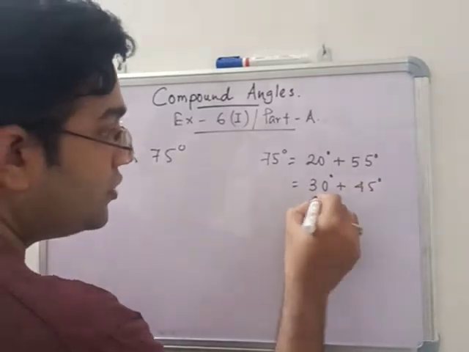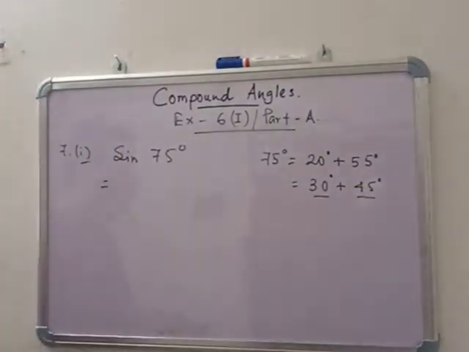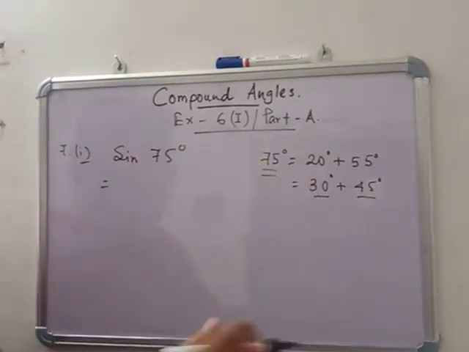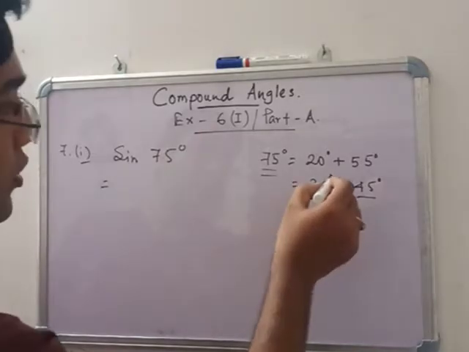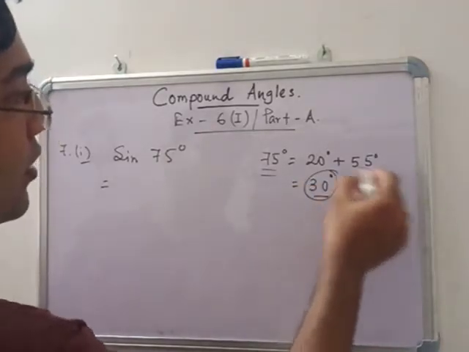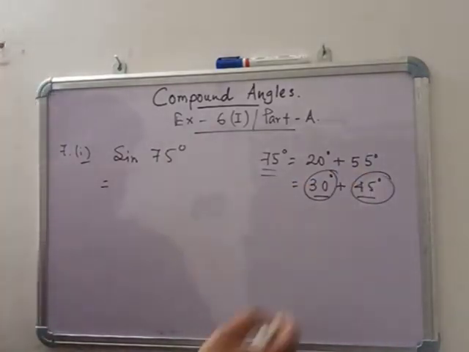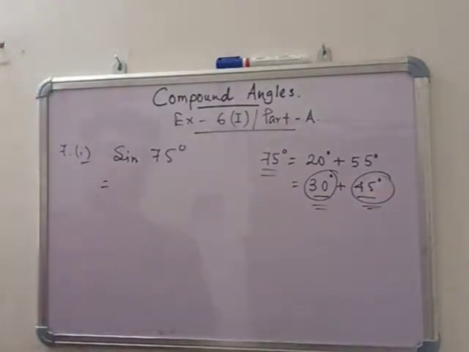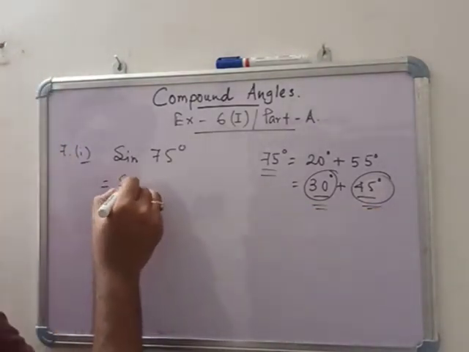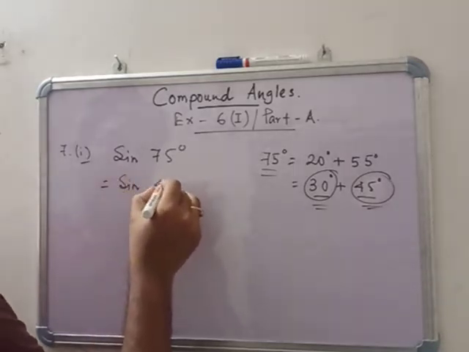Why? Because we know these two values. So we have to break or subtract the angle as per the known values. We know the values of 30 and we know the values of 45, so that's why we are breaking it into these two parts.